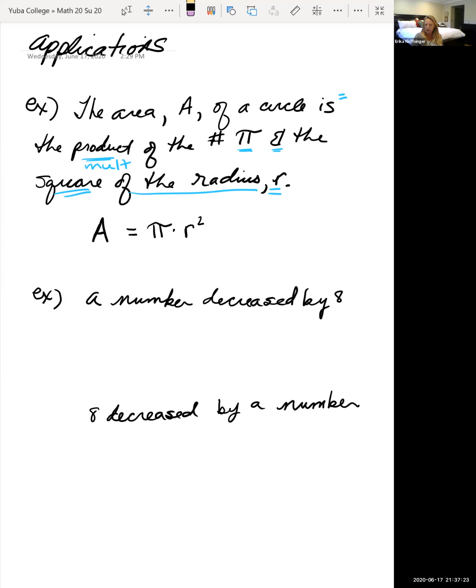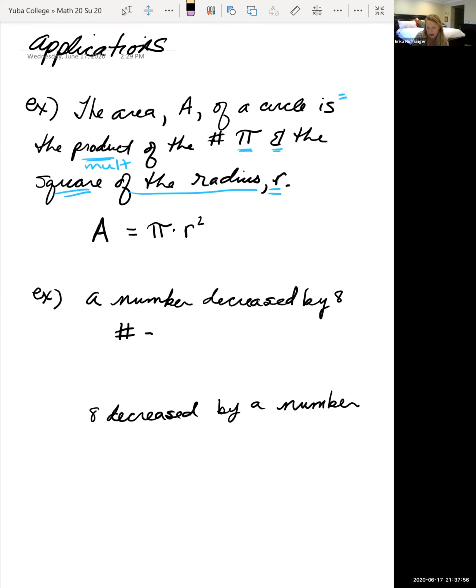So decreased is telling us that we're doing what? And I saw you guys were answering questions and I just didn't see the chat box. Subtracting. Yeah, so subtracting. So a lot of times it's in the order that it's saying it. So a number decreased by 8. So a number, it's being decreased.